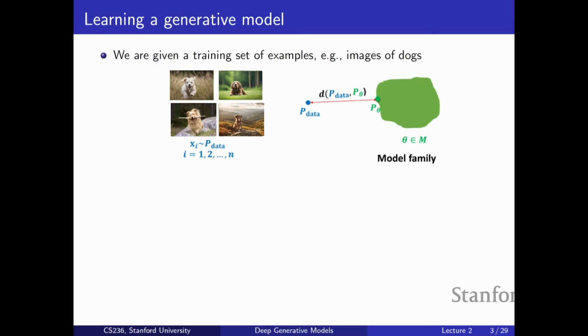The assumption is that these data points that you have access to are sampled from some unknown probability distribution that we're often going to denote P data. This is the data generating process. It's some complicated, unknown process that has generated the data for you.